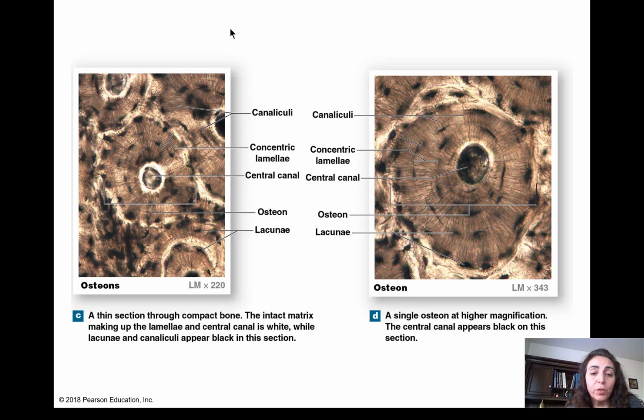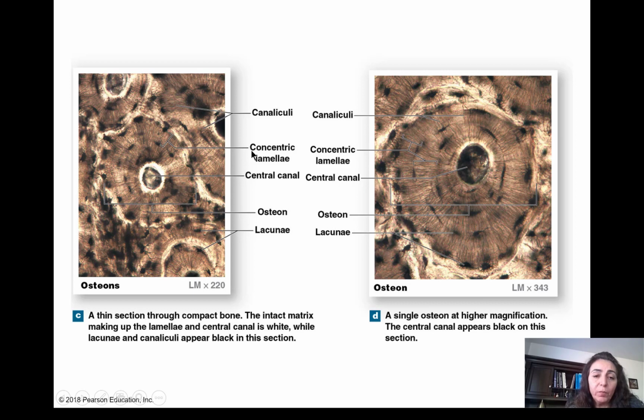And here again, you see the structure of the compact bone under the microscope. We talked about all these: the central canal, all these osteocytes, all these canaliculi, tiny connections between the cells and the capillaries, the tiny blood vessels that are passing by. That's the way the osteocytes get their nutrition. Each of these layers is called a lamella.